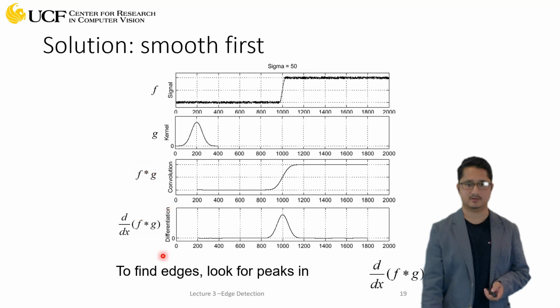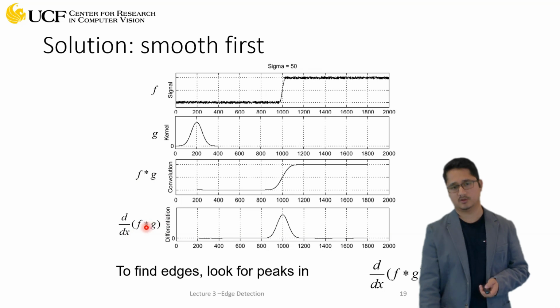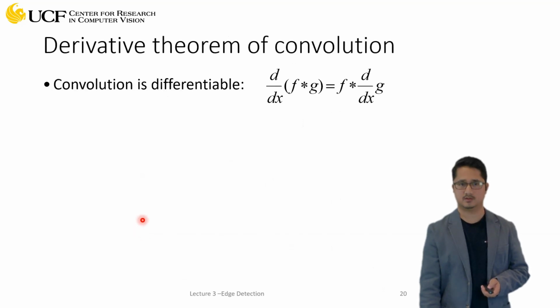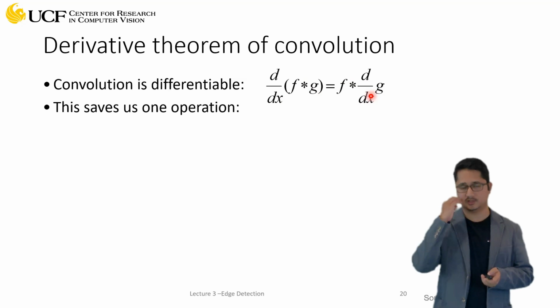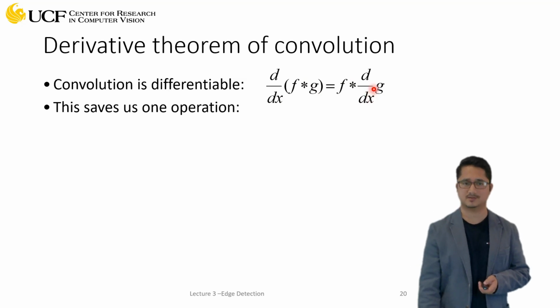We have seen that you can compute the derivative of the filter itself and then apply that to the signal. So you can bring out the function itself and just find the derivative of the kernel, because convolution is differentiable. We saw that in one of the properties in the last lecture.